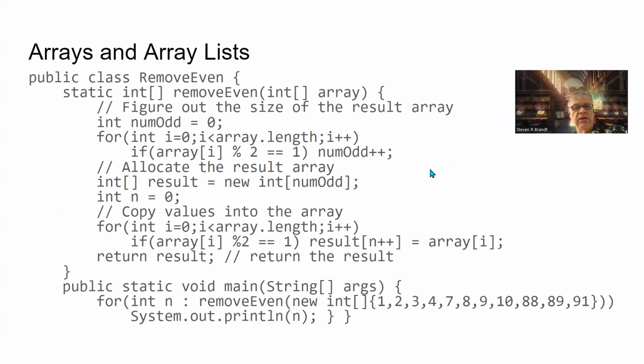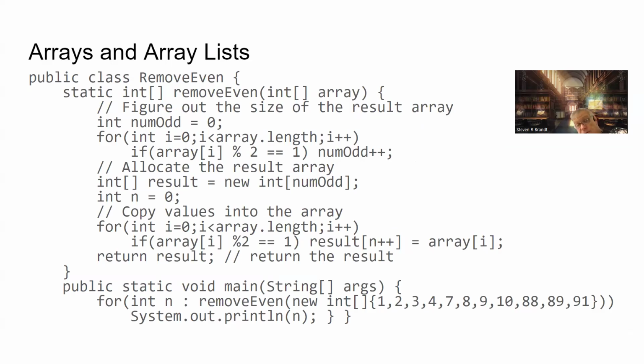All right. So what we have here are arrays and array lists. First we're working with arrays, Java's built-in arrays. What we want to do with this routine is remove all even numbers from the array. The first thing we're going to do is allocate a variable called num_odd, and figure out the number of odd elements in the array so that we know how big an array to allocate.